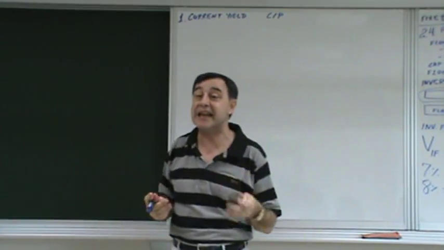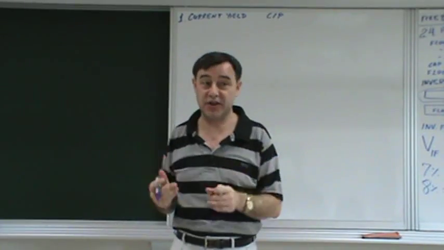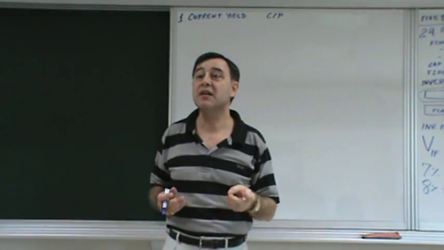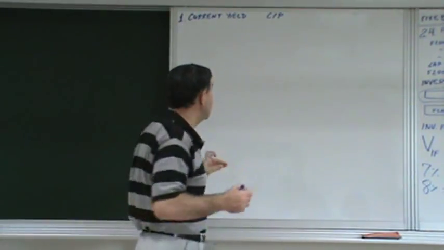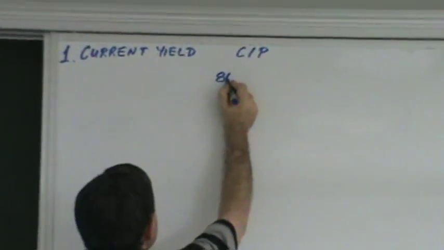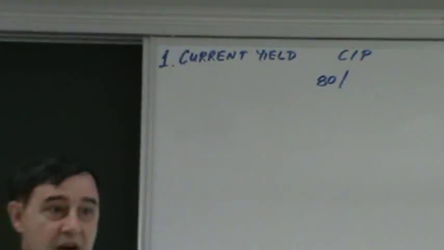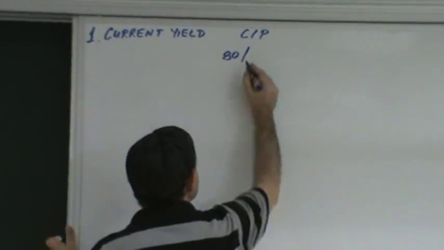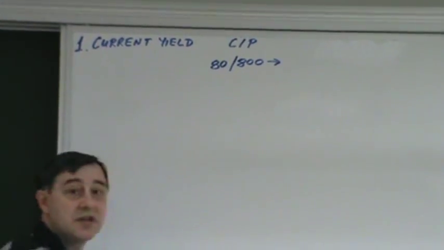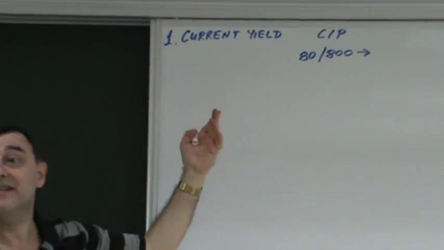So it's going to be selling at 80% of face value, which is 800. So on an 8% coupon, the payment will be 80. So coupon 8% means 80 is the coupon, and the price is 800. This gives you a current yield of 10%.